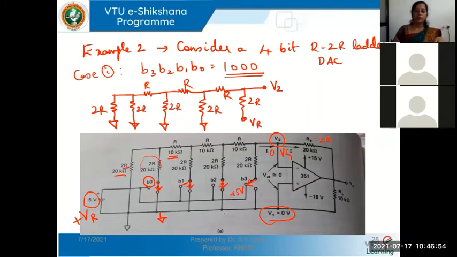Okay, so this is the equivalent circuit. Can you simplify? This in parallel with this 2R will result in R. R in series with R will then be 2R. Now from this point, this is point A, B, C, D. From point B to ground you have one 2R here and another 2R here.